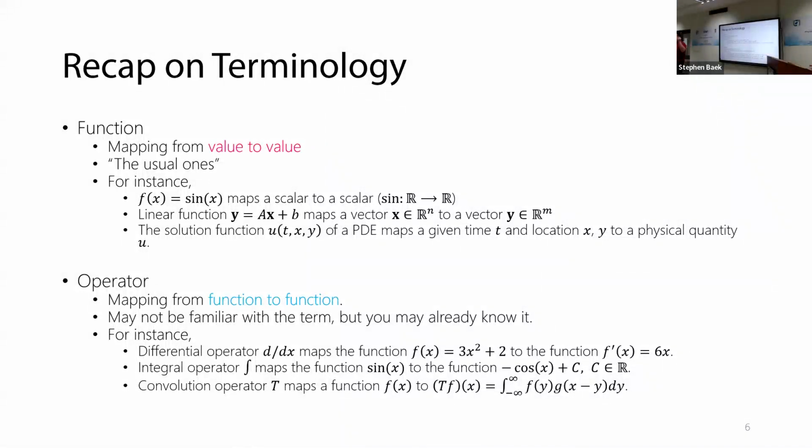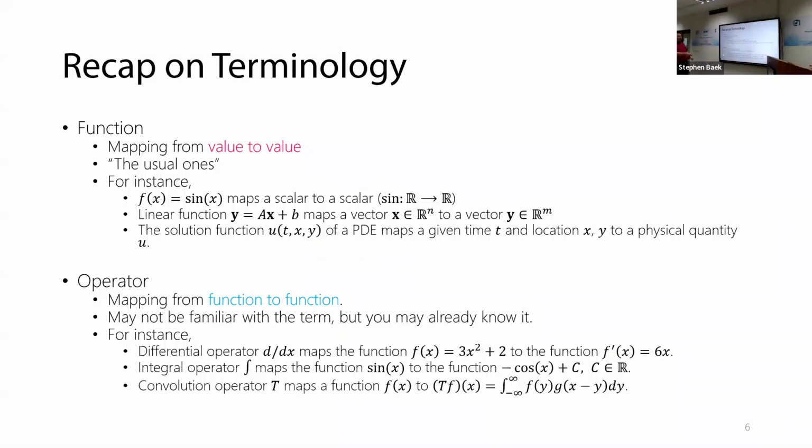It swallows a function, let's say sine x, and then spits out negative cosine x plus a constant, which is another function. So that's another operator that you already know. It's just that you never called it an integral operator or a differential operator.